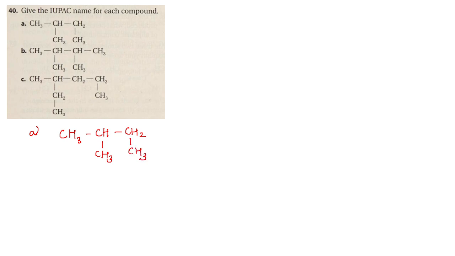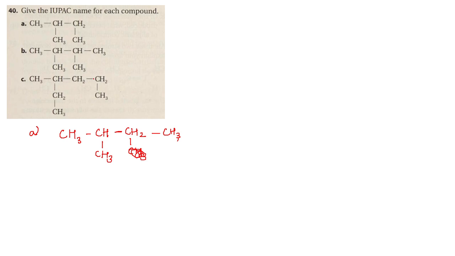Does it make any difference if I write the molecule like this? The bonding is between carbon and carbon. Just for the sake of space, I have written it at the bottom.